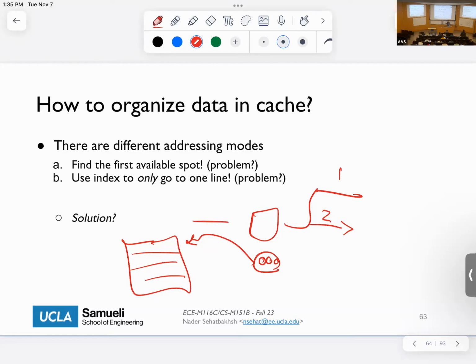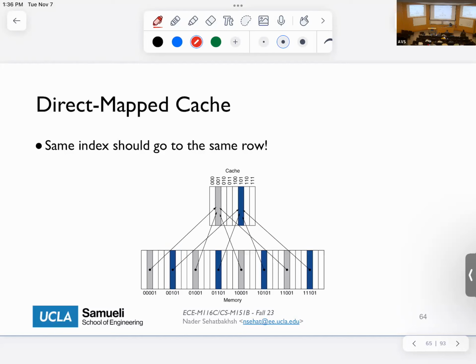So there are these two trade-offs between the designs. The first one, we call it fully associative, where you fully use your table. And the second one, we call it direct map. So let's talk about these two and see what the pros and cons of each are. Okay, so the one where the same index goes into the same row, we call that direct map.